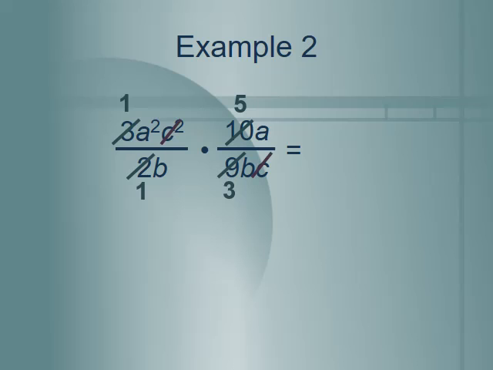And our c's can reduce so that we have a c and a 1. That changes to 1 because there has to be something there. So it turns into just 3 times 1. So it goes away eventually anyways. So then when we multiply across, we end up with 5a to the third power c over 3 times b to the second power.